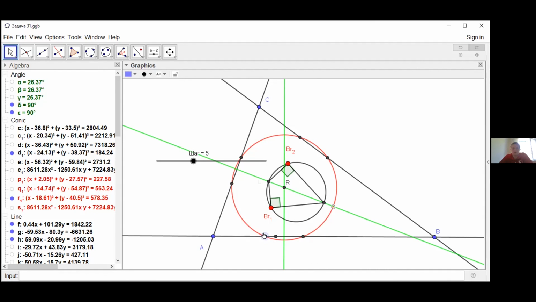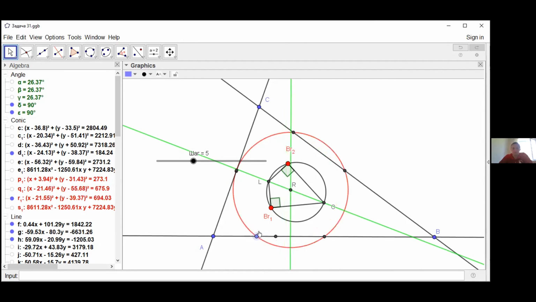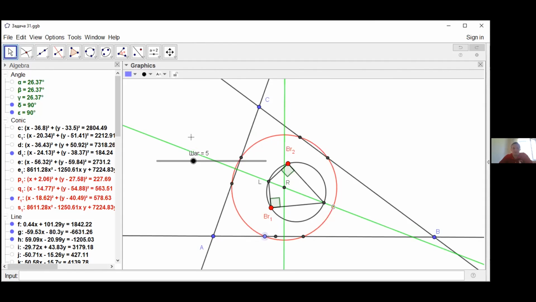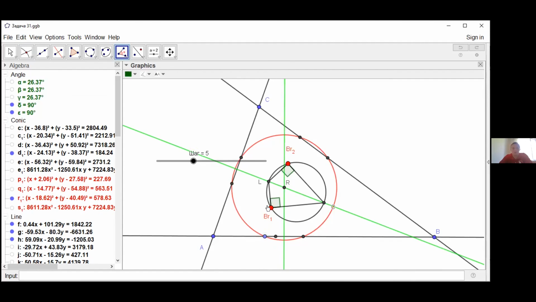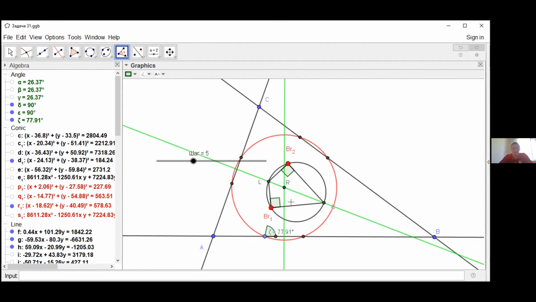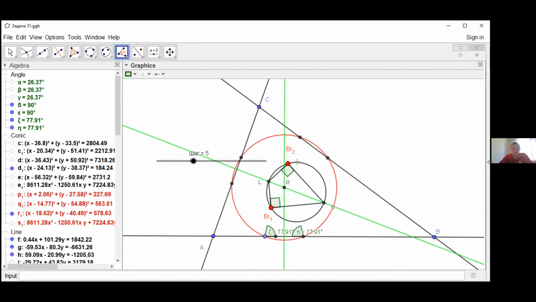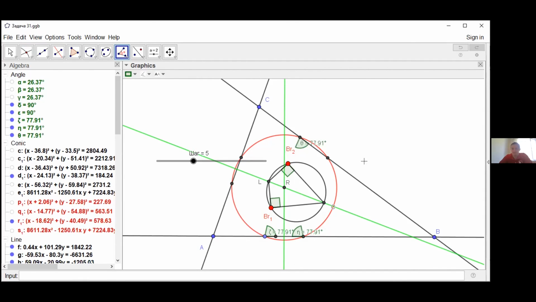In fact, again, they are constructed in such a way that angles like Brocard 1, C1, C2 are equal, and they all 6 are equal.